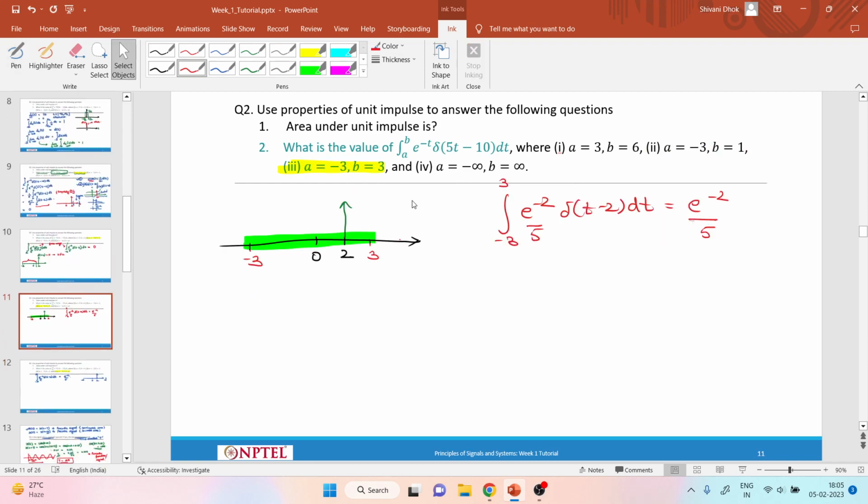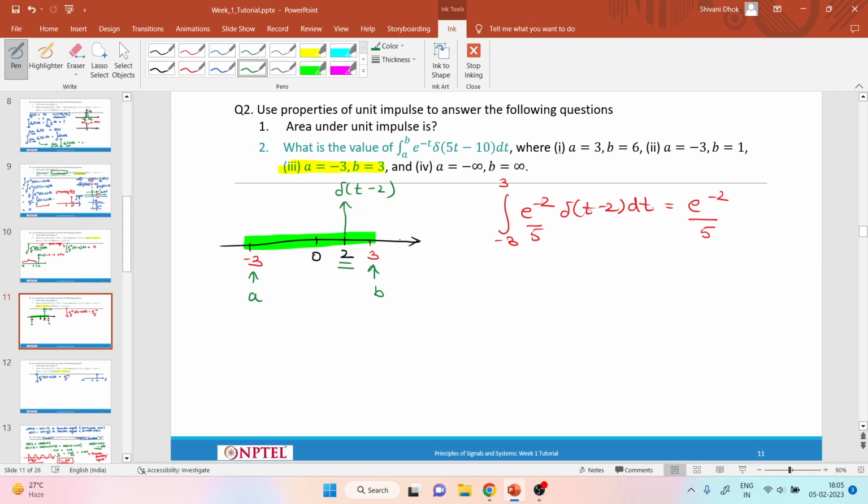Similarly, now if we look at this case here, that is a equal to minus 3 to 3. So my unit impulse is present here, that is delta t minus 2. It is present at t equal to 2, and my a is minus 3. So this is my a, and this is my b, that is 3. And this green shaded part is the area where I'm integrating. But now it has this unit impulse present.